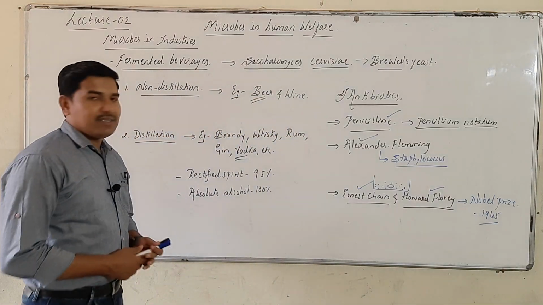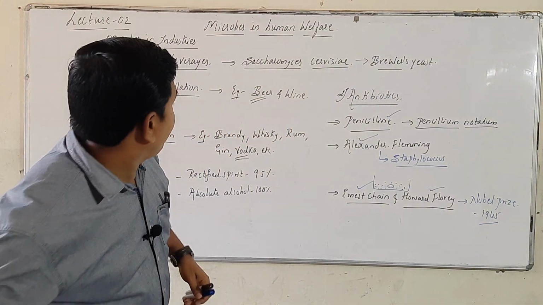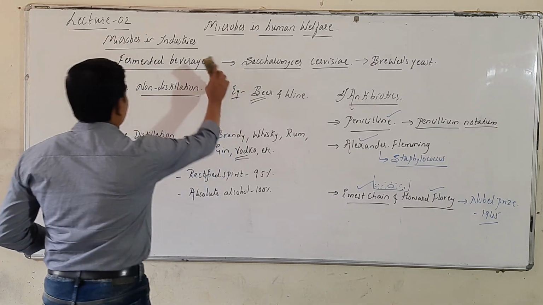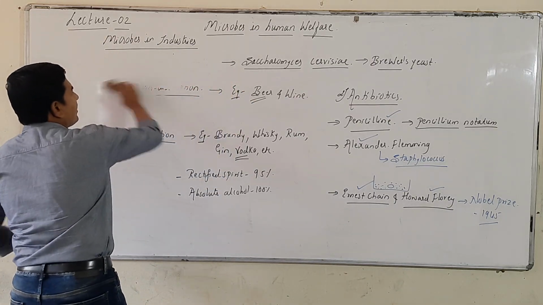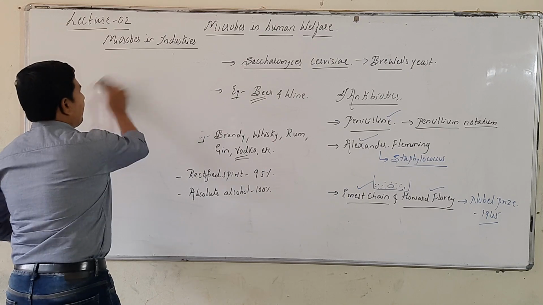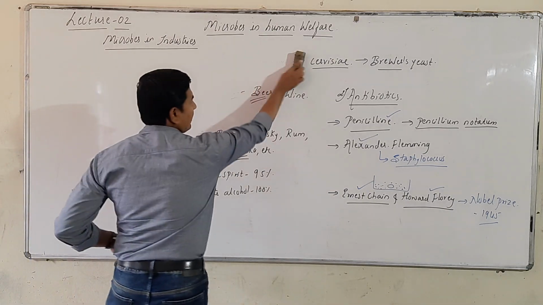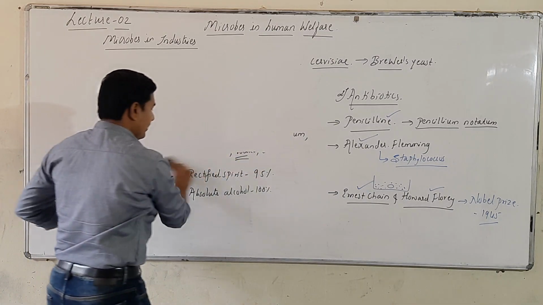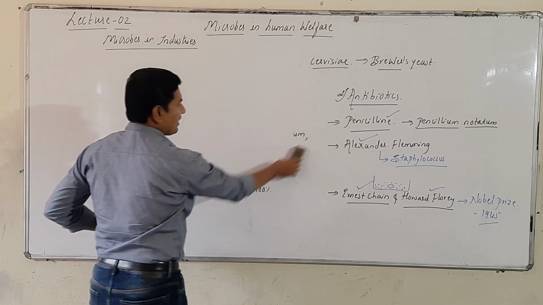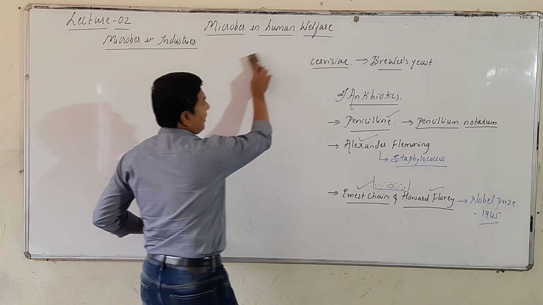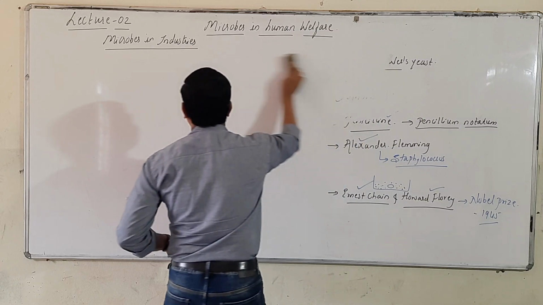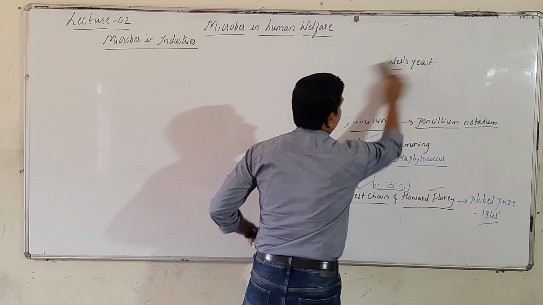So this is regarding the part of microbes in industries. In that, fermented beverages and the second one is antibiotics. Okay, now let's go to the last heading of the industrial part.